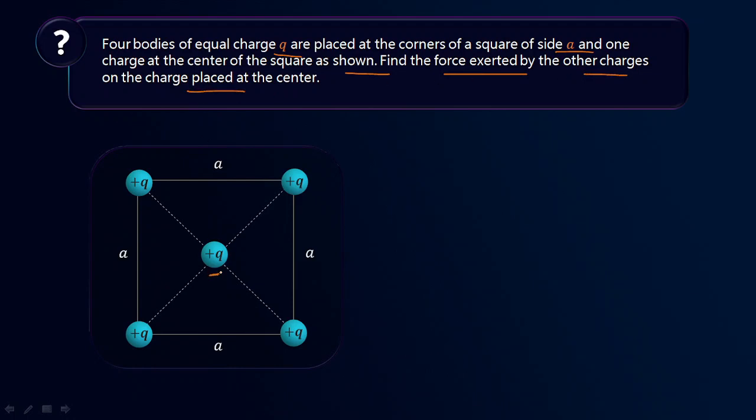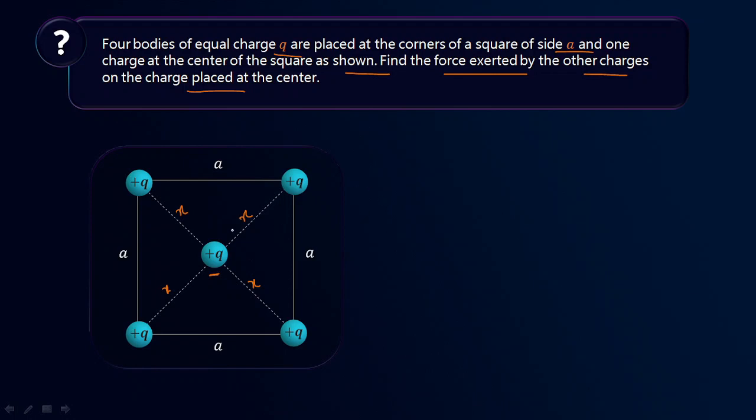Can I say that the separation between all the corner charges and this center charge is the same distance x? The magnitude of the charges is also the same, plus q each. So their separation is the same and their charge is also the same.